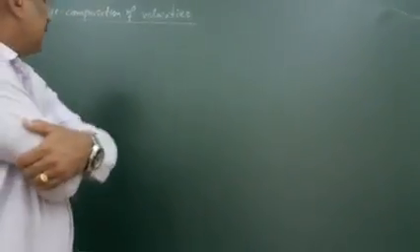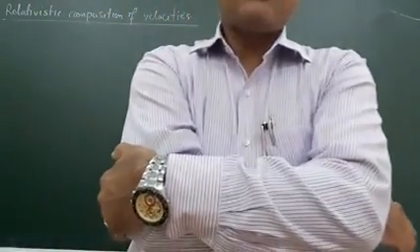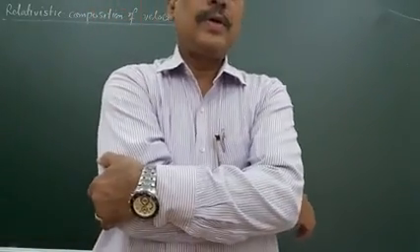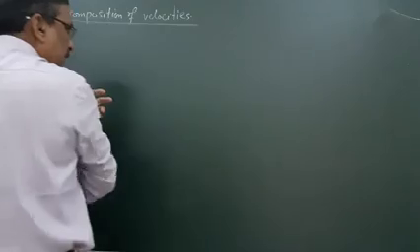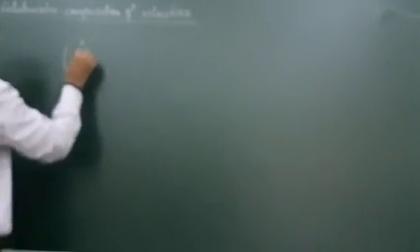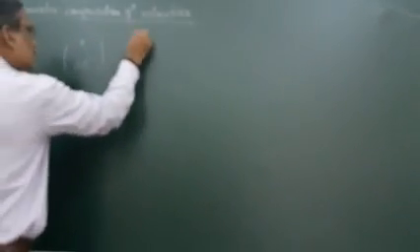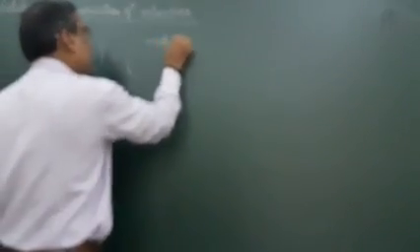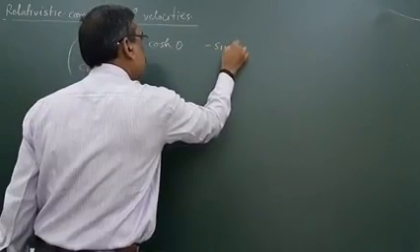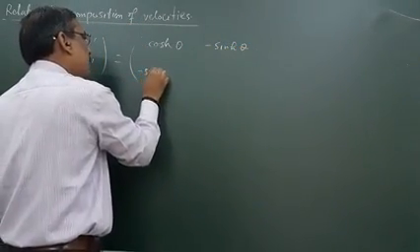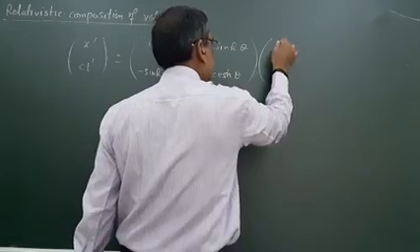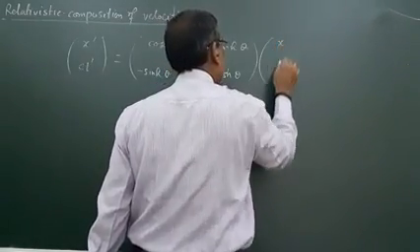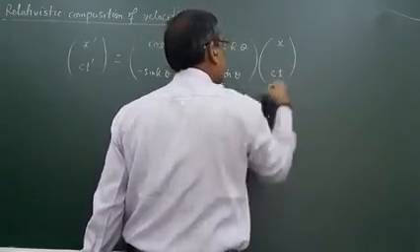In my earlier lecture, we discussed the Lorentz transformations and finally derived a relation between two frames: x dash and ct dash is equal to the matrix cos hyperbolic theta, minus sin hyperbolic theta, minus sin hyperbolic theta, cos hyperbolic theta, times x and ct.